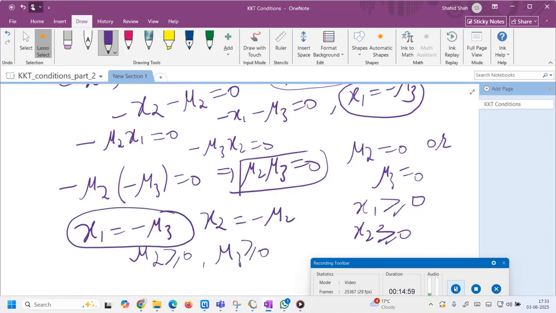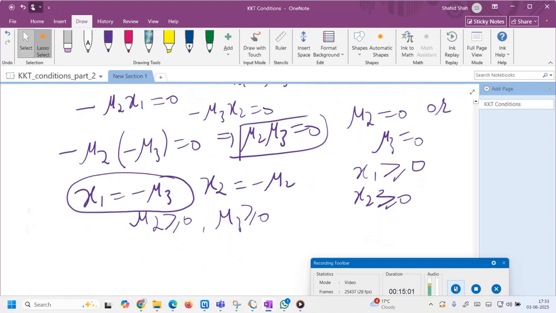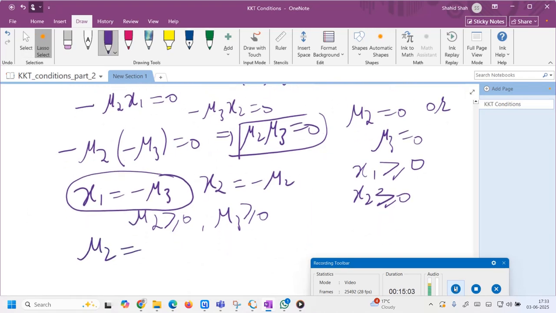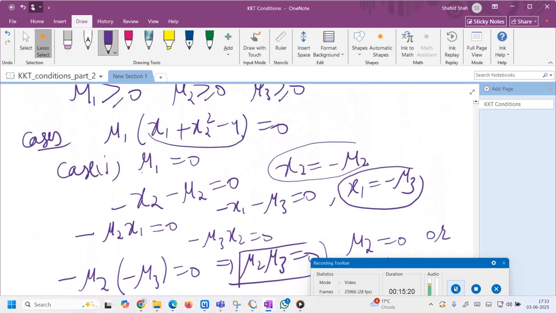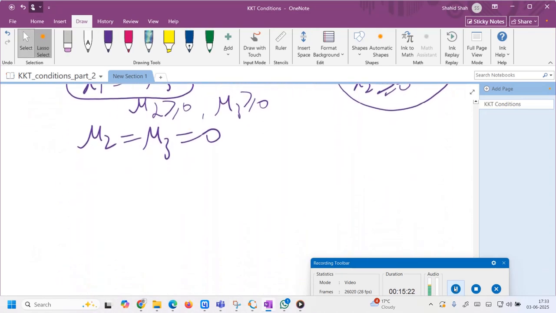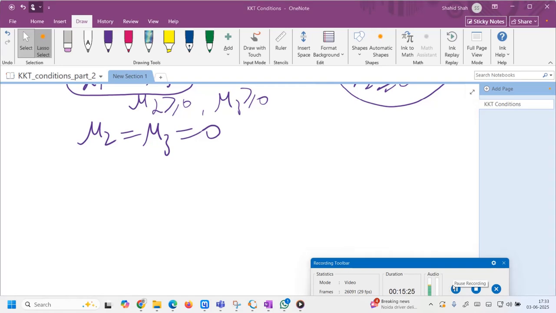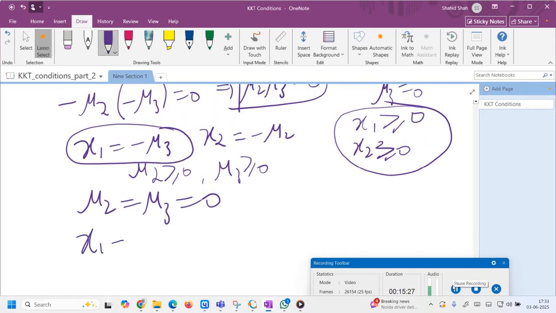So if this equation is to be satisfied, the only way is that both mu2 and mu3 should be 0. Because if mu2 and mu3 are not 0, they have to be positive numbers. Then minus mu2 and minus mu3 will be negative, and x1 and x2 will be negative, which is against the given constraint. So the only solution, if we assume mu1 is 0, is that mu2 is also 0 and mu3 is also 0. Hence, what is the solution? x1 is 0, x2 is 0 is the solution.